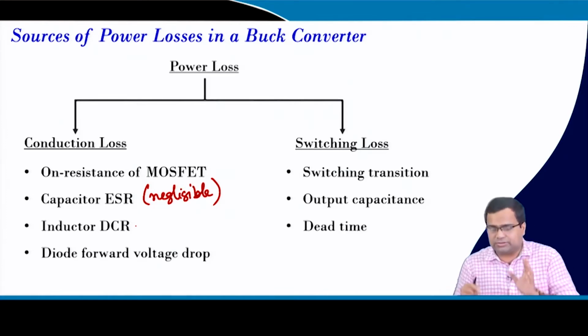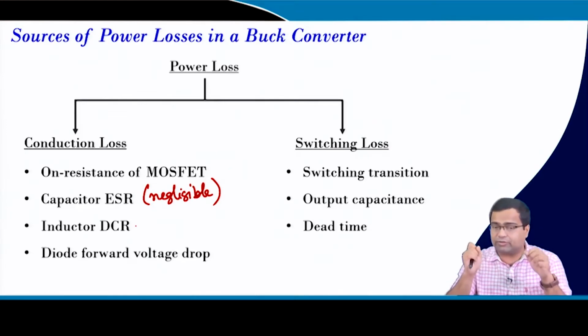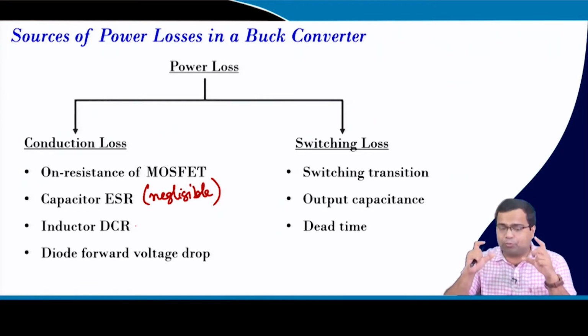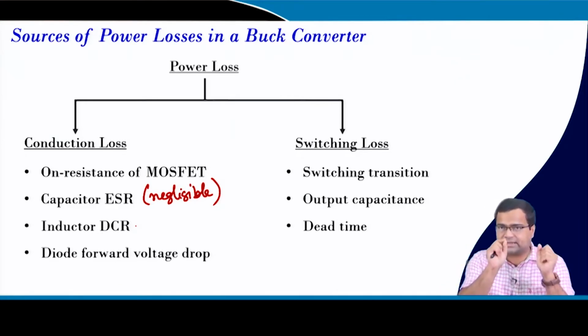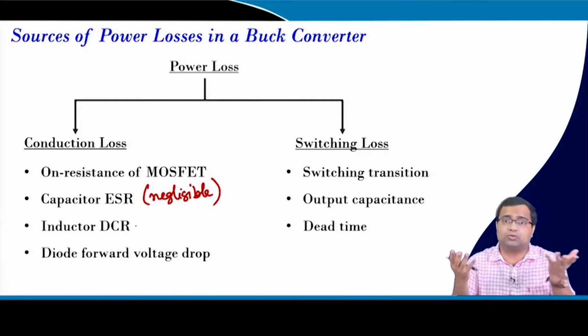Then dead time loss. Dead time means, in a synchronous DC-DC converter, we have a high side switch and a low side switch, and both switches should not be on at the same time, so there has to be some dead time. As I said, a MOSFET takes time to go from full voltage to zero, and once the high side MOSFET is turned off, then you should turn on the low side MOSFET.